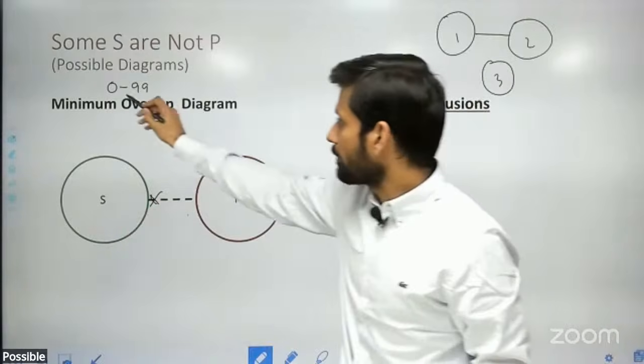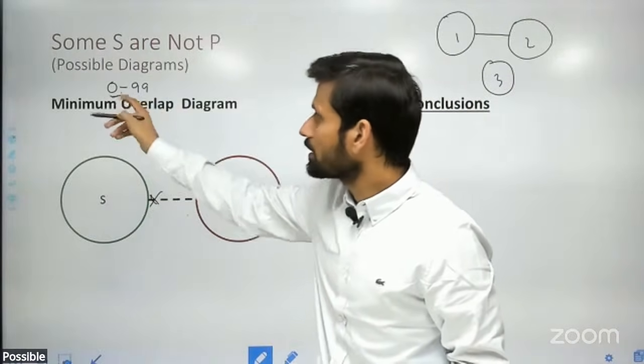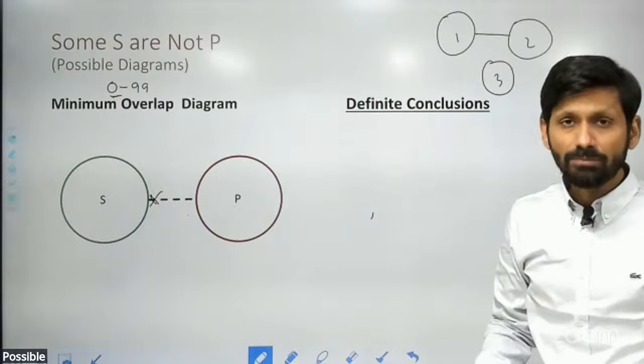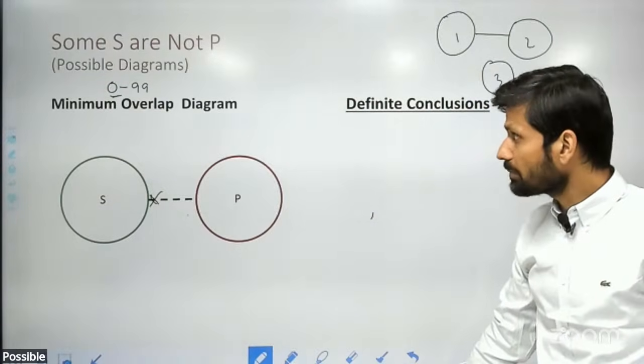Why? Because the minimum overlap in case of some not is also 0. But we understand there may be an overlap. So there are other ways to draw some SR not P.